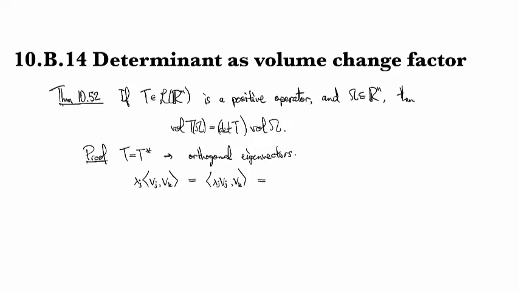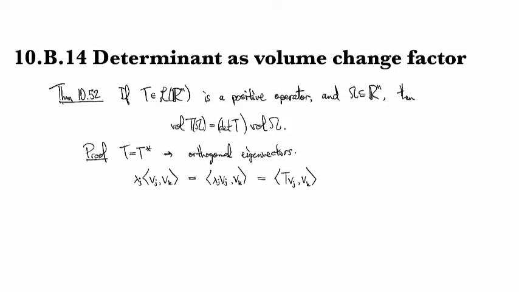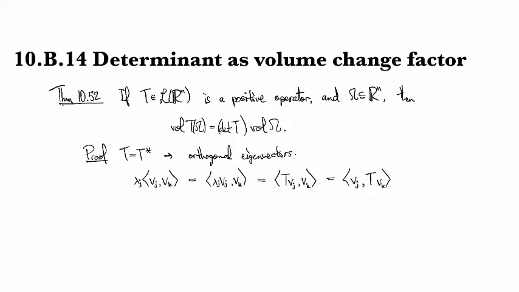And then since that's the eigendata for T, that's the same as T vj, vk in the inner product. And then I can pull T over to the other side, and it comes with its adjoint on the other side. However, we're dealing with the self-adjoint operator, so I can remove the adjoint in this special case.